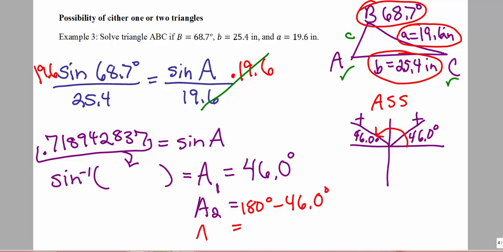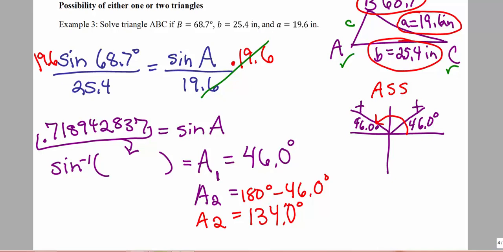So we get a quadrant 2 angle of 134.0 degrees. So we want to consider the possibility of having these two separate triangles with an angle from quadrant 1 and from quadrant 2 for angle A.